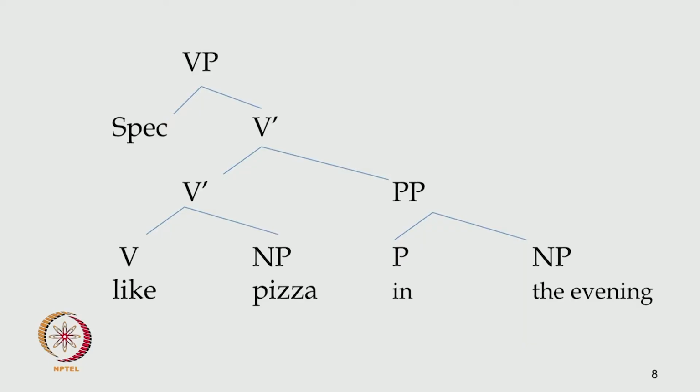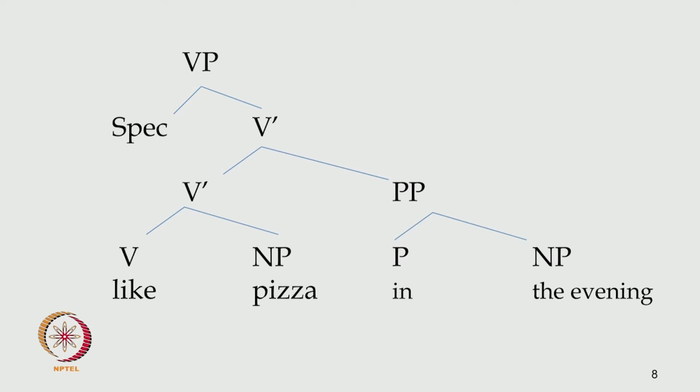And there are two things about the phrase in the evening. It's not related to pizza. If at all it has to say anything, it has to say something about the entire like pizza.